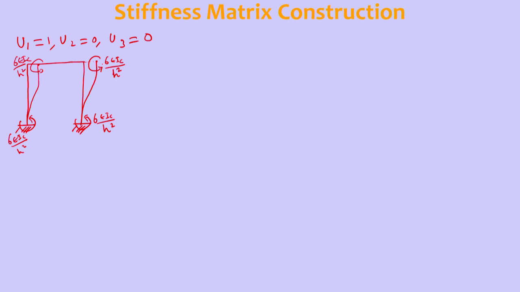These 6 EI by H square moments together will create an unbalanced force of 12 EI by H cube. So in this direction it is 12 EI by H cube, with EI of the column, and this reaction is also 12 EI by H cube. Similarly on the other side.